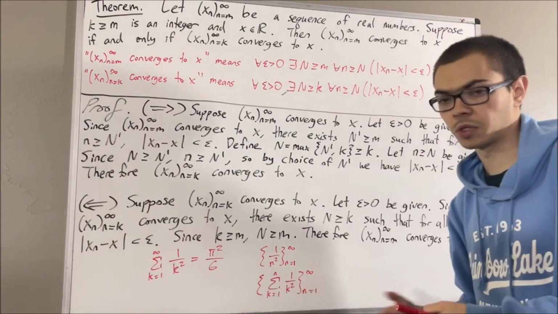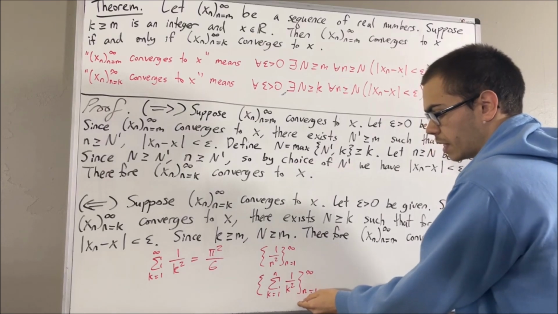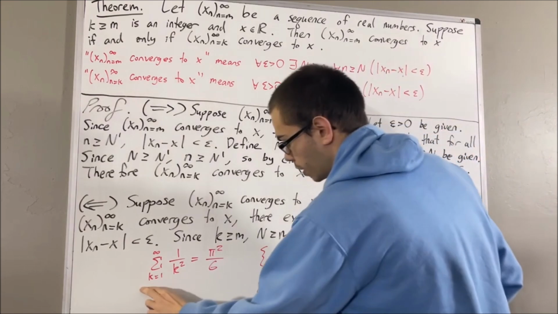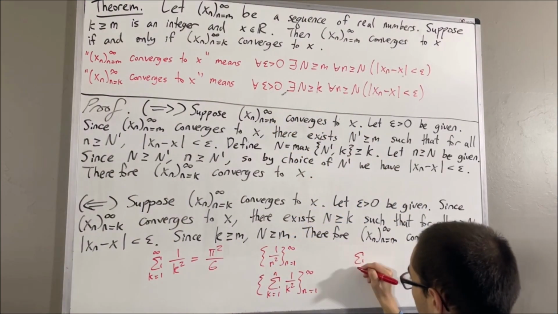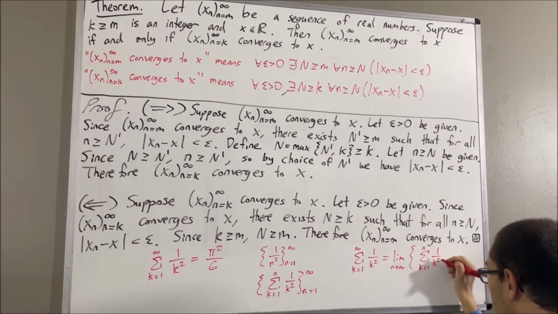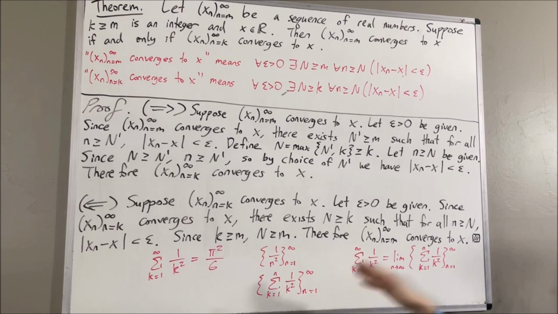We have a sequence of partial sums. Now, if this sequence of partial sums converges, then the notation we use to express the value it converges to is this notation. Right, so the limit of this sequence, we express it in this notation.